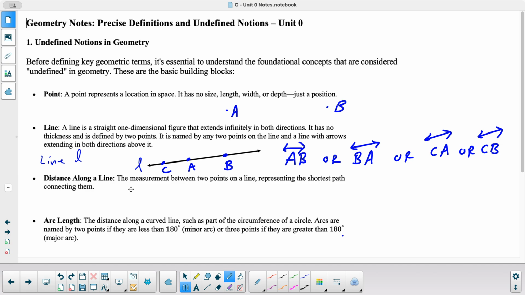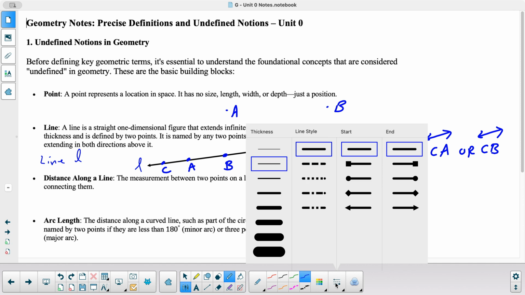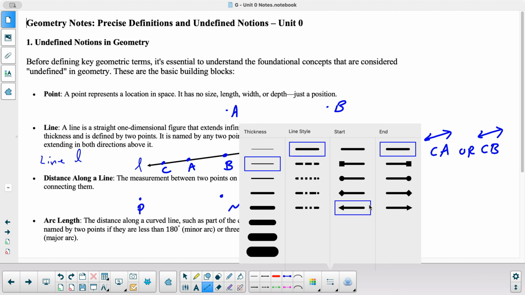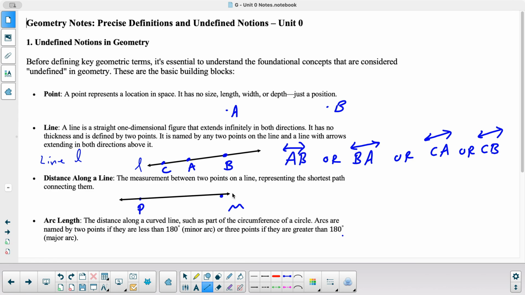Distance along a line is the measurement between 2 points on the line, representing the shortest path. So, if I have point P right here and point M right here, the distance between those 2 points is, if I had a line that goes through them, your distance right here from P to M. All right, straight line.